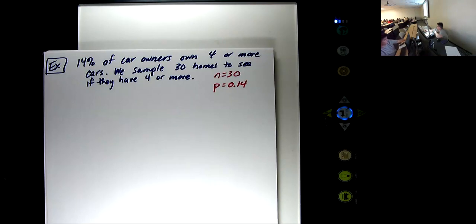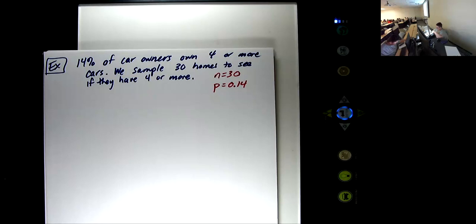And as long as I'm checking different houses, there's no overlap. Either they end up in the group that has 4 or more, or they don't, and thus they're mutually exclusive. So that's my N and my P.